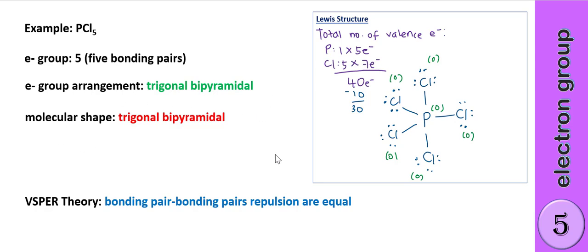So the molecular shape in 2D is: we have phosphorus bonded to Cl in the axial position and also in the equatorial position. Put the bond angles 90 degrees and also 120 degrees.